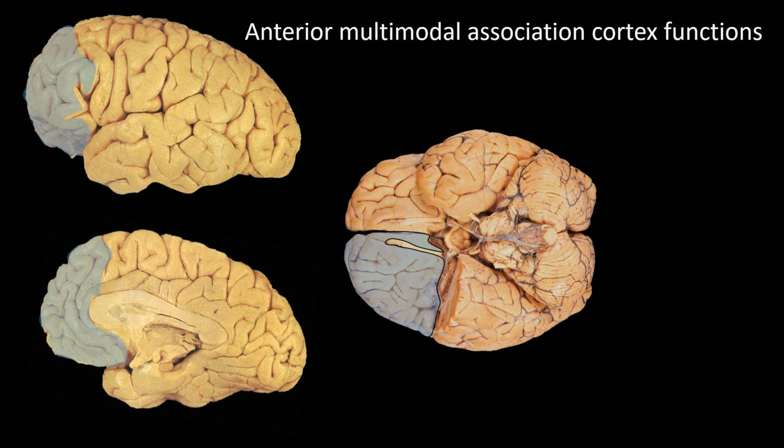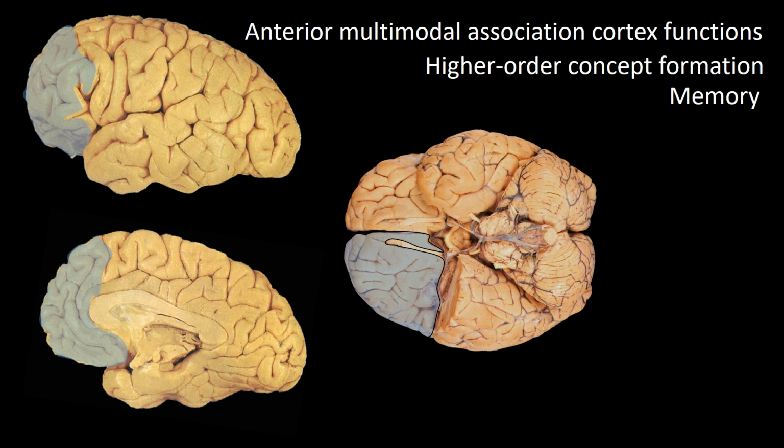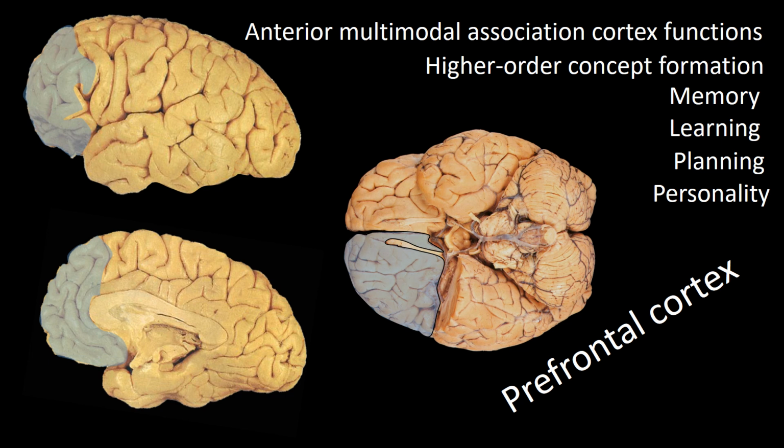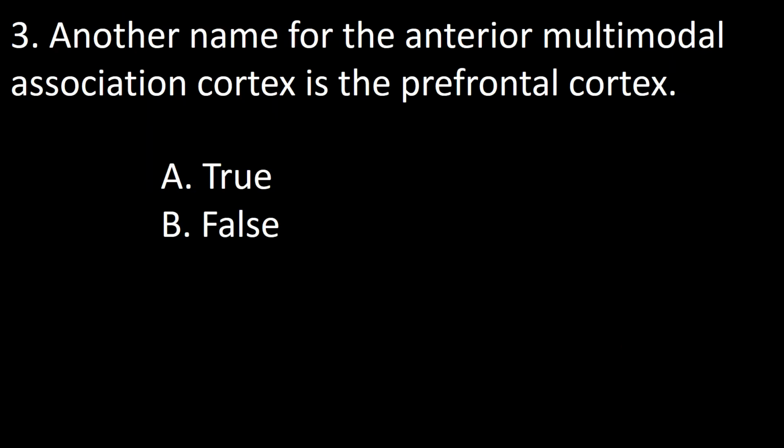The functions of the anterior multimodal association cortex include high-order concept formation, memory, learning, planning, and personality. The anterior multimodal association center is also called the prefrontal cortex. So the answer to this question is A.